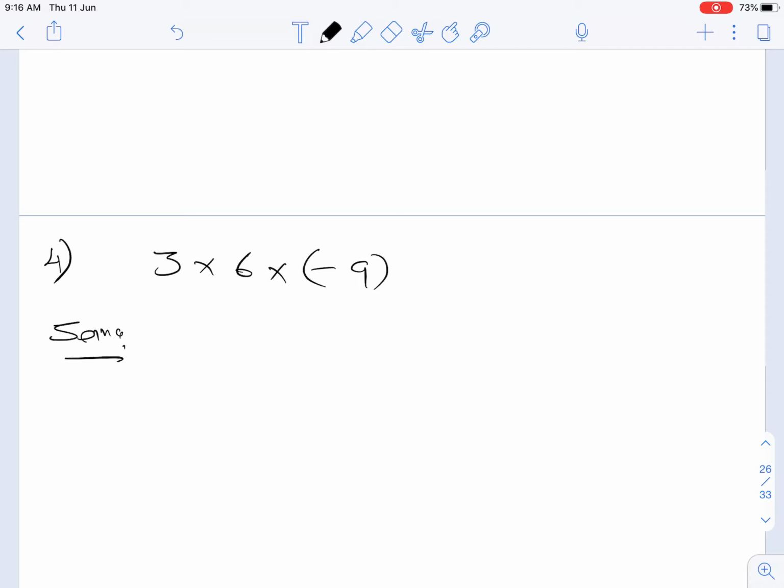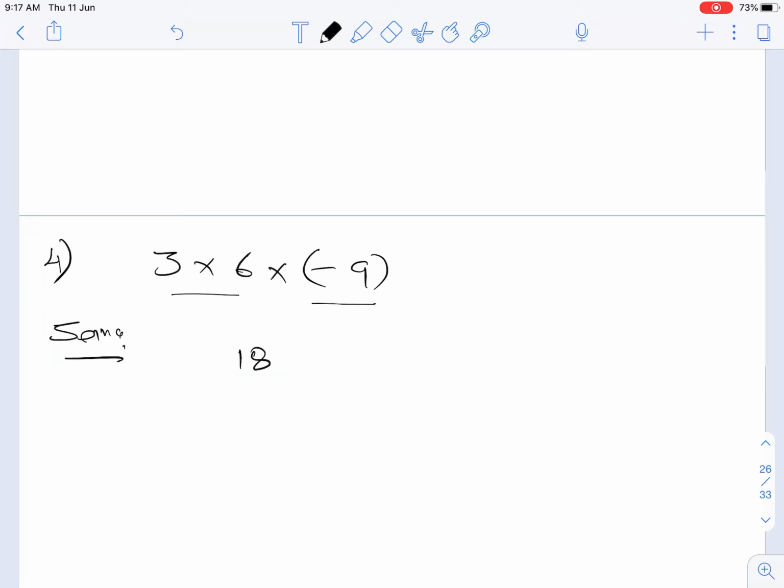First we will multiply 3 into 6 with each other, keeping this minus 9 alone. When you multiply 3 into 6, check the signs: both have the same sign, so in our answer a plus sign will be there. Then 3 into 6 is equal to 18.